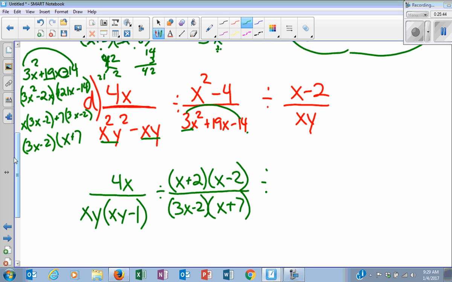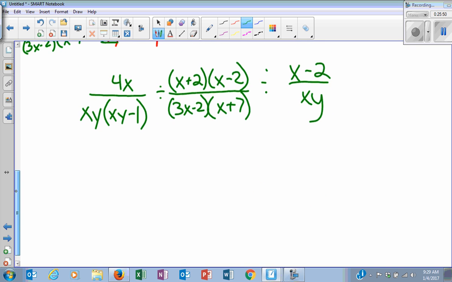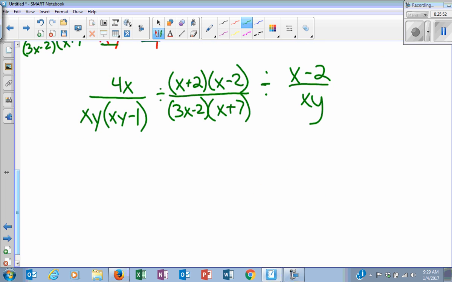Then divide by, this is nice, x minus 2, xy. Now, before I do any kind of changing, I'm going to look at my restrictions. So x cannot equal 0.